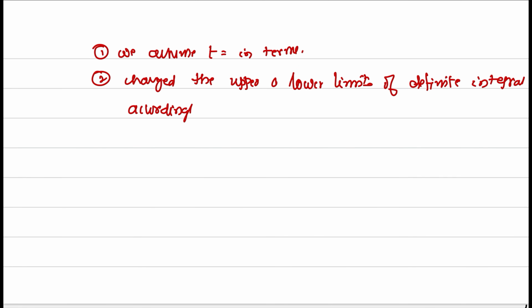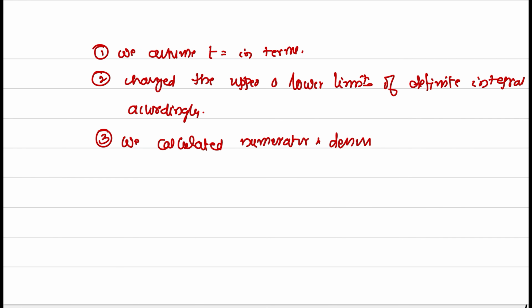Again, we calculated the numerator and denominator in terms of t.